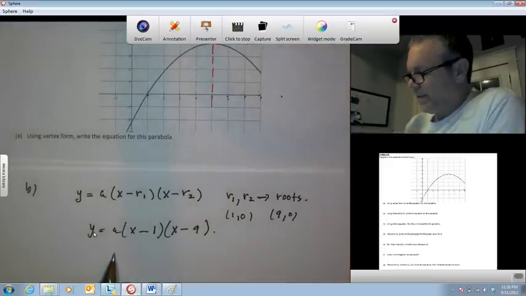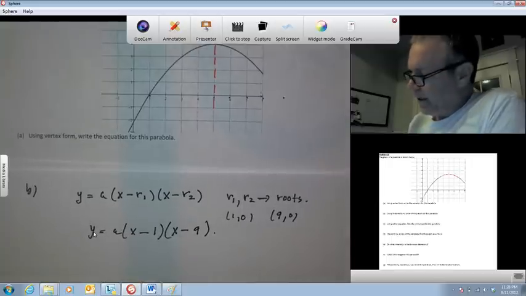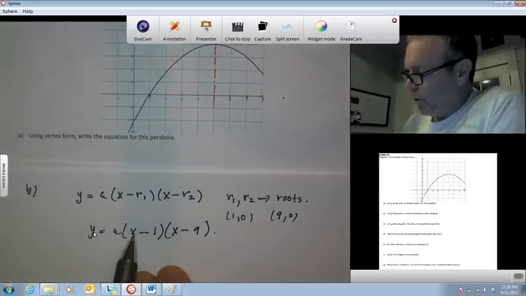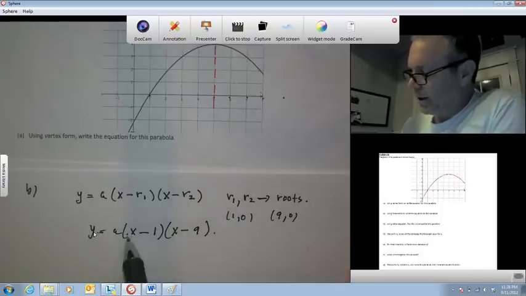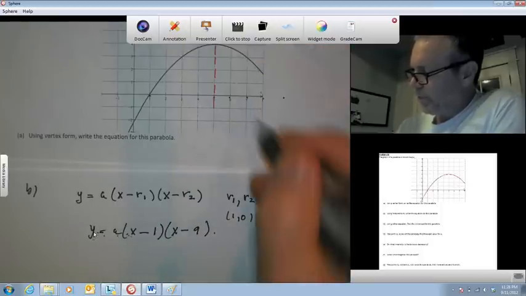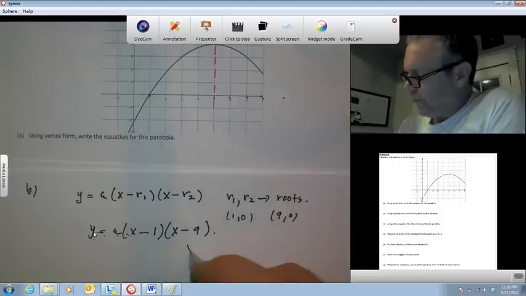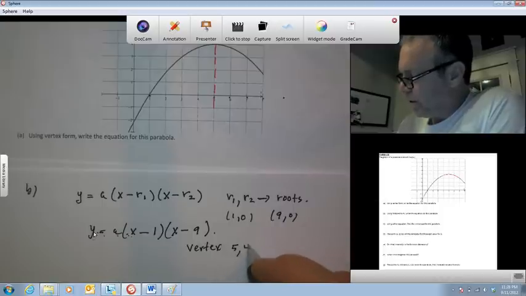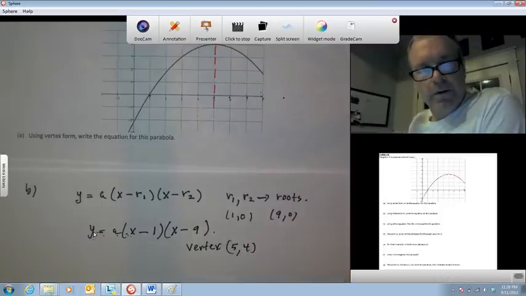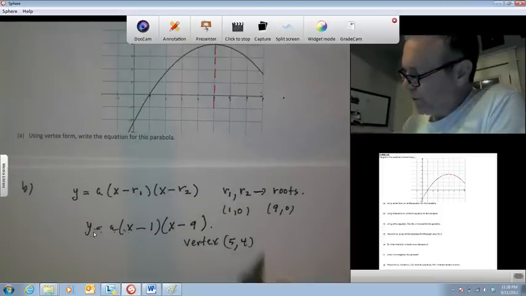And again, like the vertex form, we're going to have to find the a value. We're going to do that by finding an x, y point on the graph that we can plug into this form to find that a. I know from the problem before that our vertex is (5, 4).